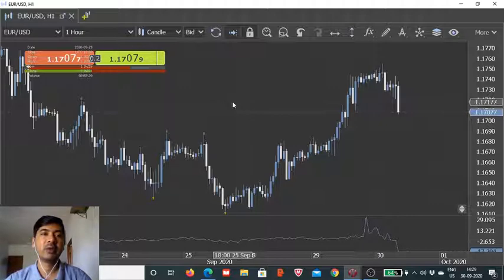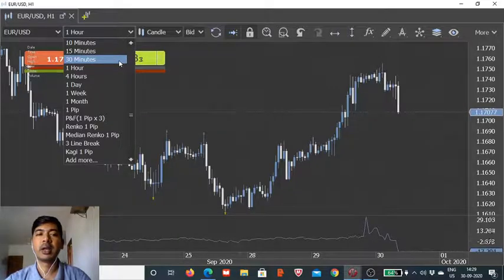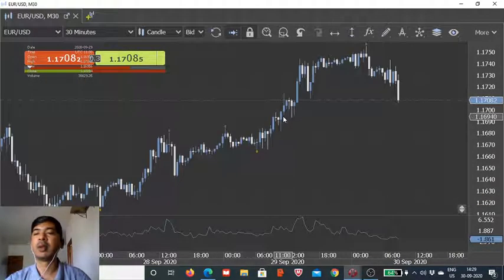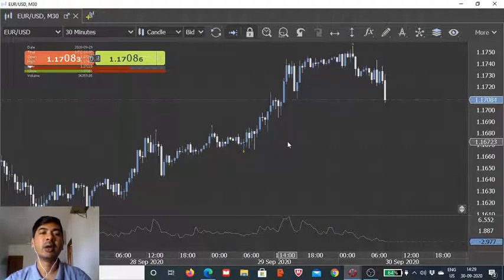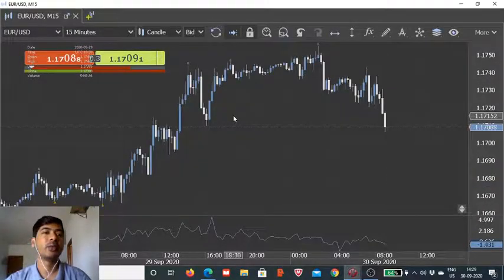Then coming to defining these, for the time horizon, we can lower it to 30 minutes. We can use the lower time frame of 15 minutes as well. So here, depending on the requirement, if you are looking for shorter time horizon trades, then using time frames like 15 minutes or 10 minutes is more appropriate.